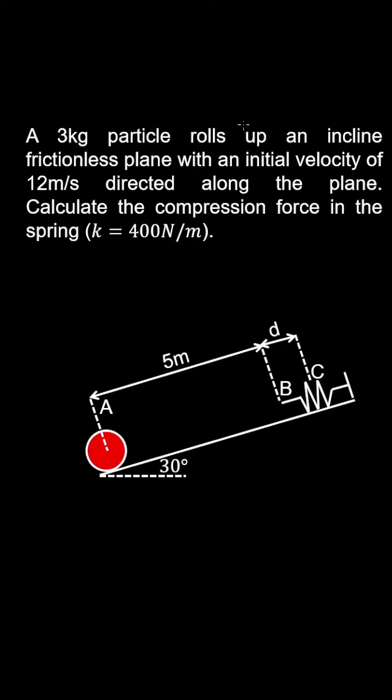A 3 kilo particle rolls up an inclined frictionless plane with the initial velocity of 12 meters per second directed up the plane. Calculate the compression force in a spring which has a stiffness constant of 400 newtons per meter.